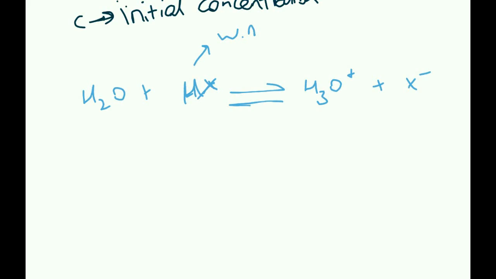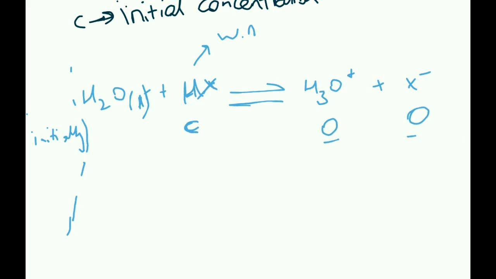Now initially, this H2O is in liquid state, so that doesn't matter. But initially, let my concentration of HX, my initial concentration, be C. There's no dissociation happening initially, so these two are going to be 0.